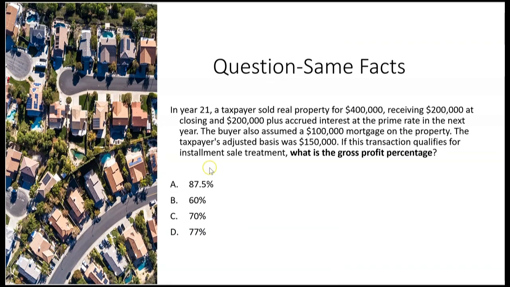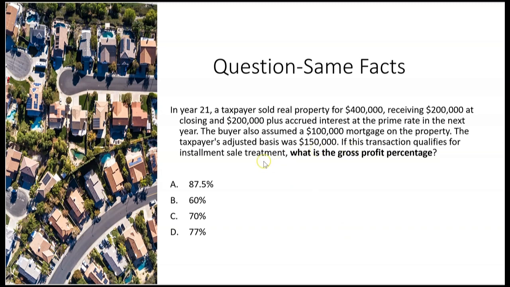So here we go, same facts. Year 21, taxpayer sold real property for $400,000, receiving $200,000 at the closing and $200,000 plus accrued interest at the prime rate in the next year. The buyer also assumes that $100,000 mortgage, which created debt relief, and the taxpayer's basis was the same, $150,000.